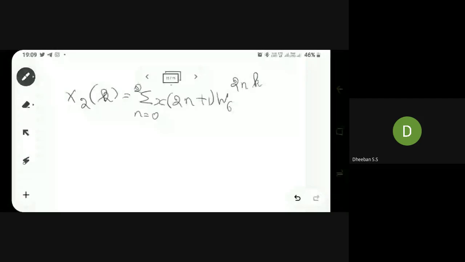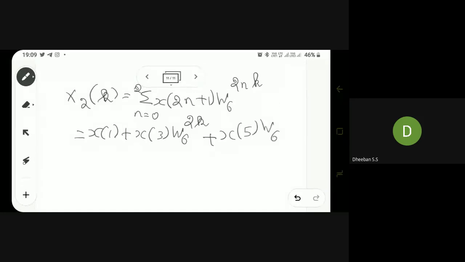So now this will be equal to x1 plus x3 w6 2k. So n value we are putting 1, plus x of 5 w6 4k.